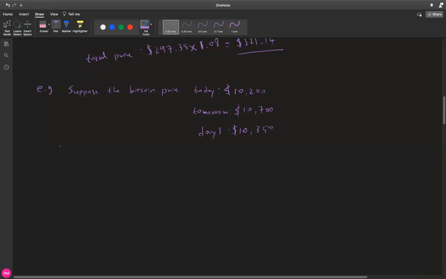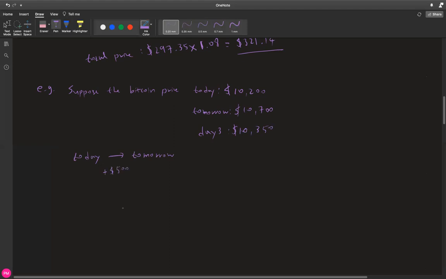Let's compare today to tomorrow. When we're going from today to tomorrow, we can clearly see that from $10,200 to $10,700 is clearly a $500 increase.